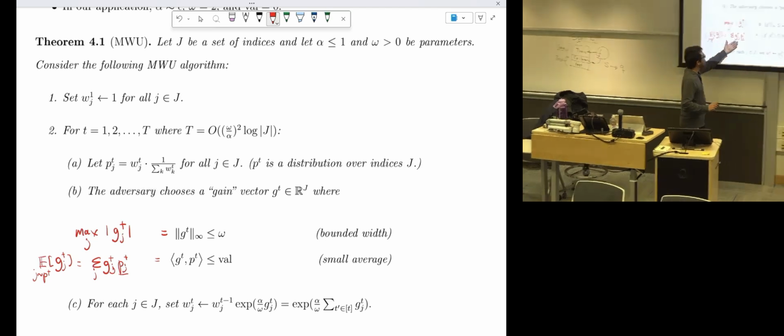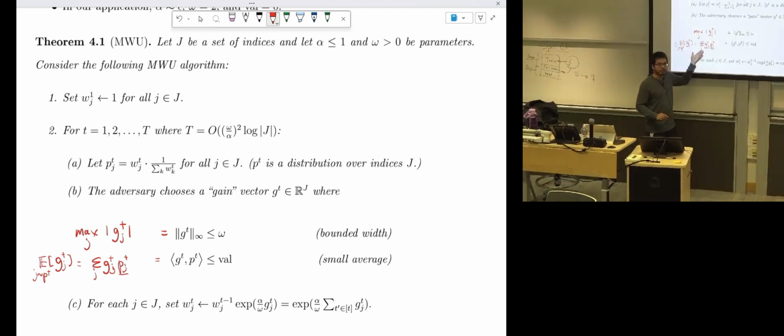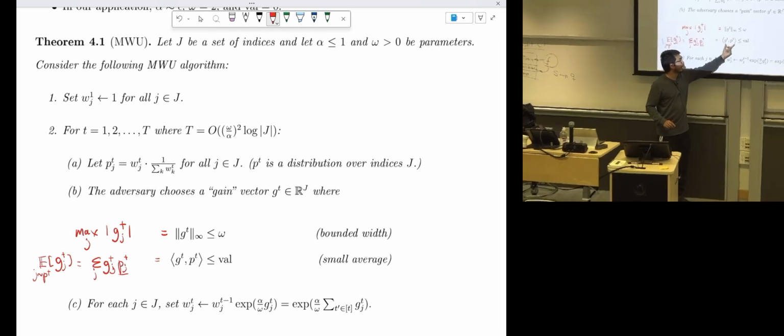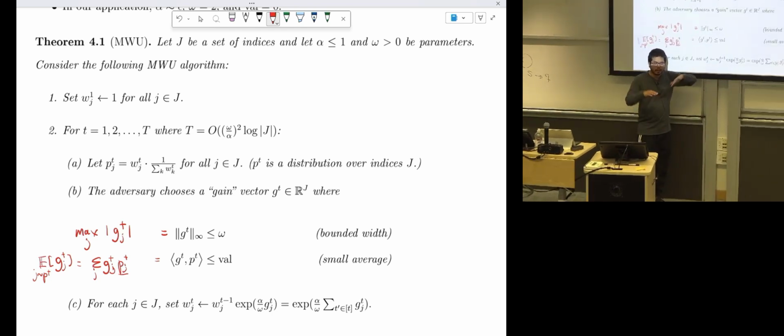You can interpret this in many ways, but the point is that its inner product is small. It's bounded by some value. So right now you just think that the inner product is small.